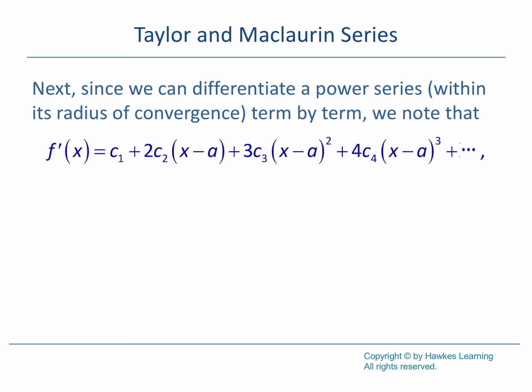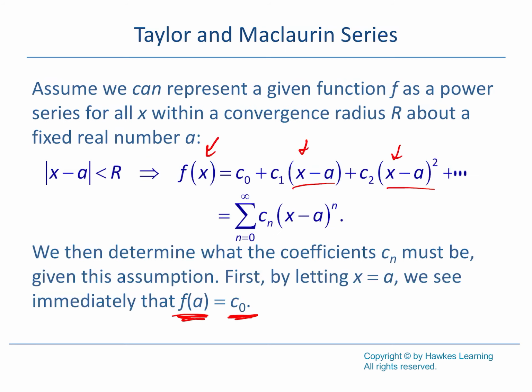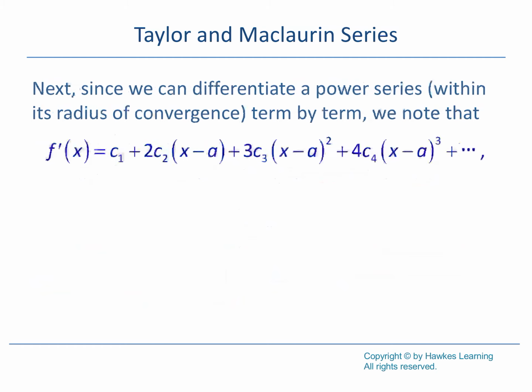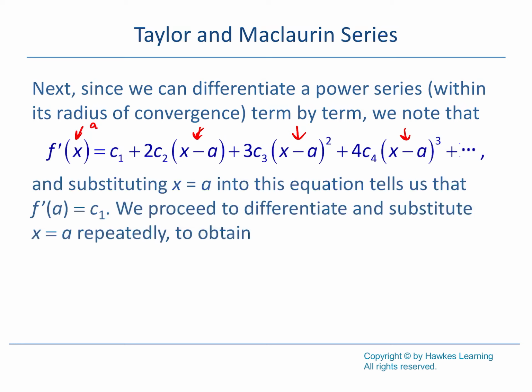Now, remember that we can differentiate these convergent power series within the radius of convergence. So if we take what we had before and we take its derivative term by term, using the power rule a bunch of times, we get this. And if we plug in a and find f prime of a, again, all of these would turn into zeros, and we'd find that f prime of a is C1.